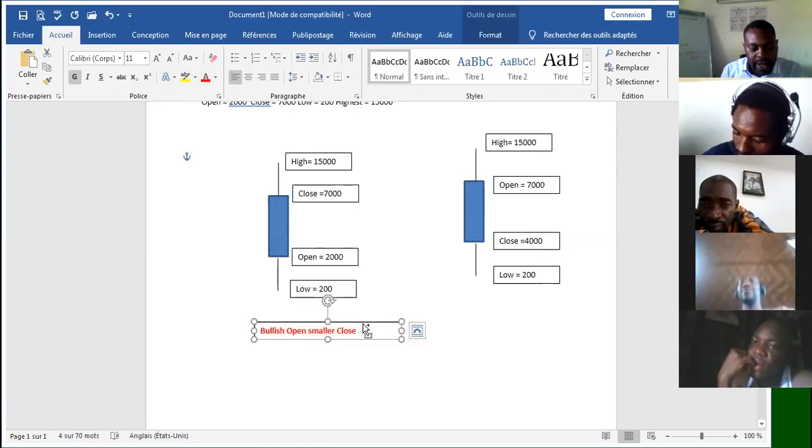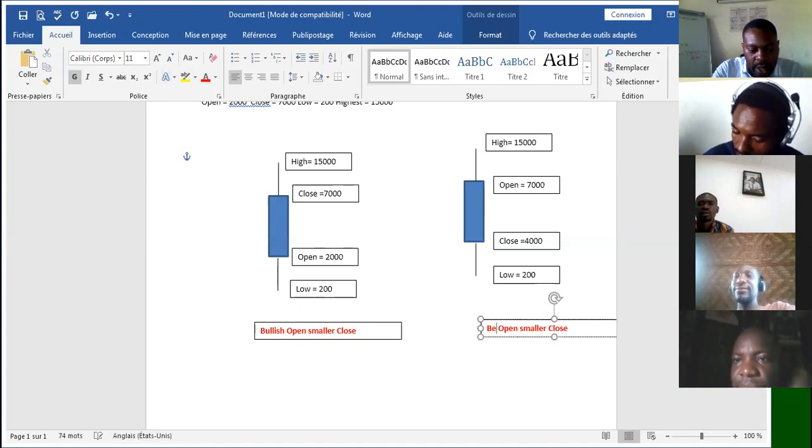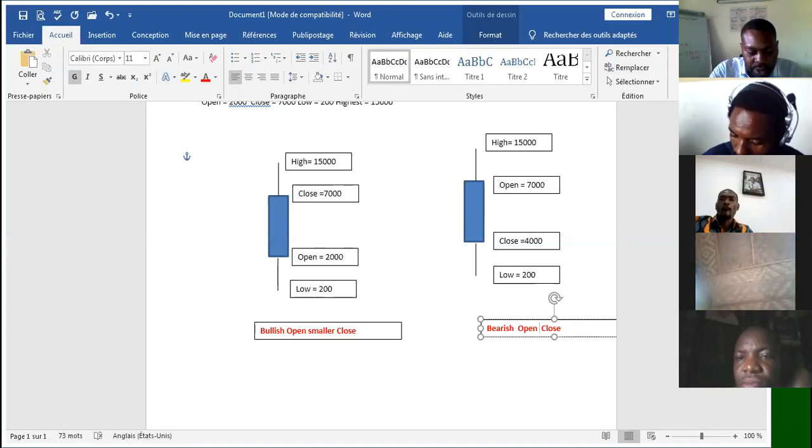And then in a bearish candle, our open is bigger than our close. As a mathematician, I would have just put the sign here, but I don't want to disturb some people. Our open is bigger than our close.